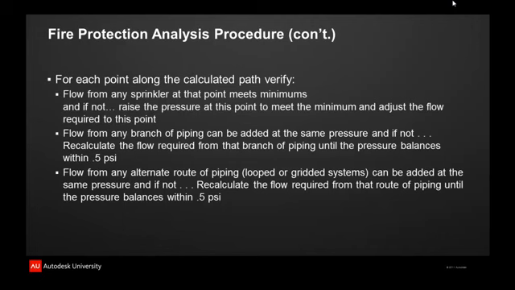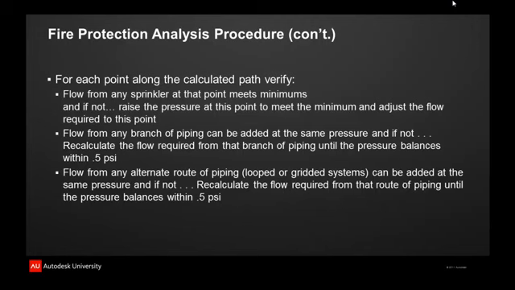We'll just follow that pipe by pipe by pipe all the way back to the supply. And along that path, there's a few things we have to keep in mind. The flow from any sprinkler at that point has to meet the minimum, and if not, then we need to raise the pressure at the beginning point in order to get the minimum at a given point. In this particular calculation, that wasn't necessary. It was always enough.